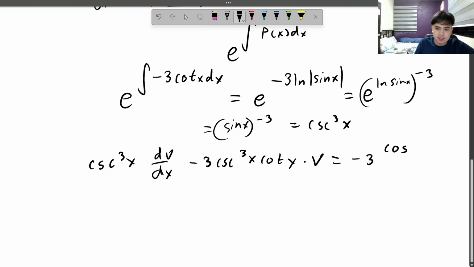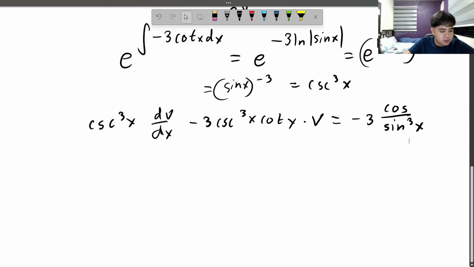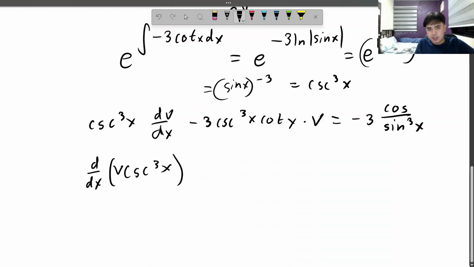So we can express that as cosine over sine cubed x. From here, we know that this is the derivative of cosecant cubed x times v with respect to x. This is because of the product rule again. On the right-hand side, we get negative 3 cosine x over sine cubed x.